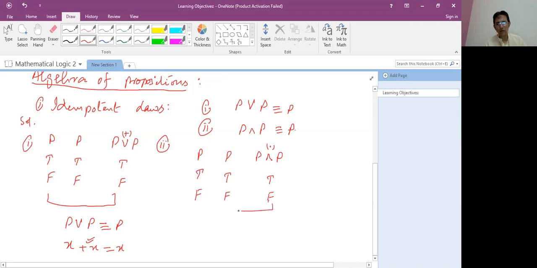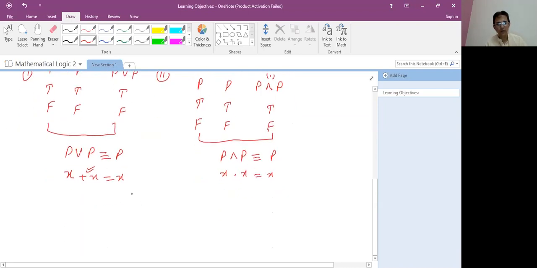It means they are logically equivalent. So hence proved. P and P is logically equivalent to P. It means if we consider the variable x, x dot x is equal to x. Hence proved, they are logically equivalent.